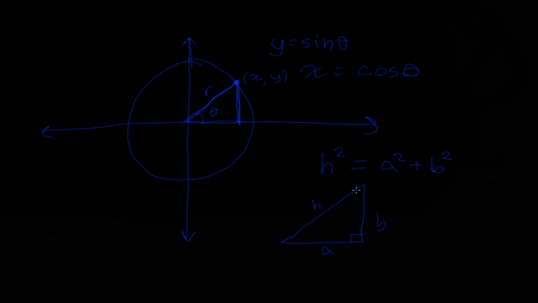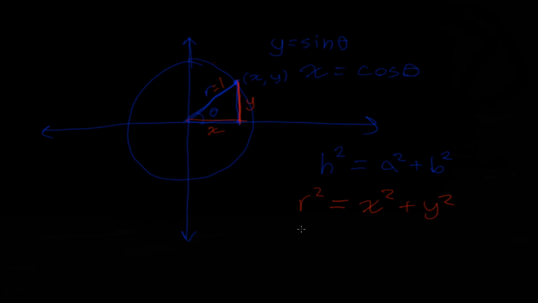So let's make an equivalent statement in red. r squared, which is the same as h squared here, is equal to x squared plus y squared, because y is the equivalent of b and x is the equivalent of a. Let's plug in some known values.